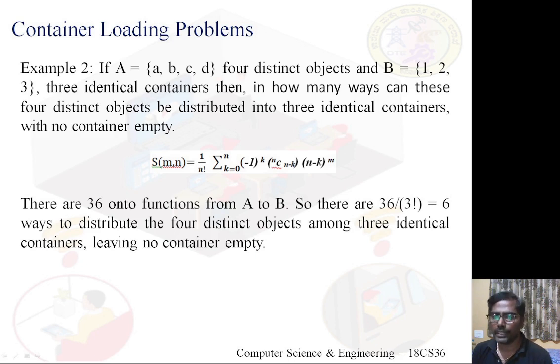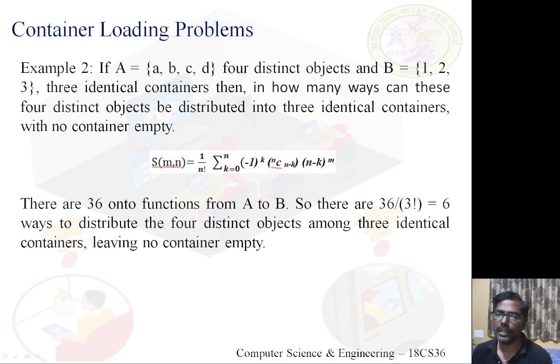We are very clear, right? The solution is the Stirling number of the second kind. That is, we have to compute the number of onto functions from a set with 4 elements to a set with 3 elements, and that should be divided by n factorial. So substitute m equals 4, n equals 3 in the expression S(m, n).